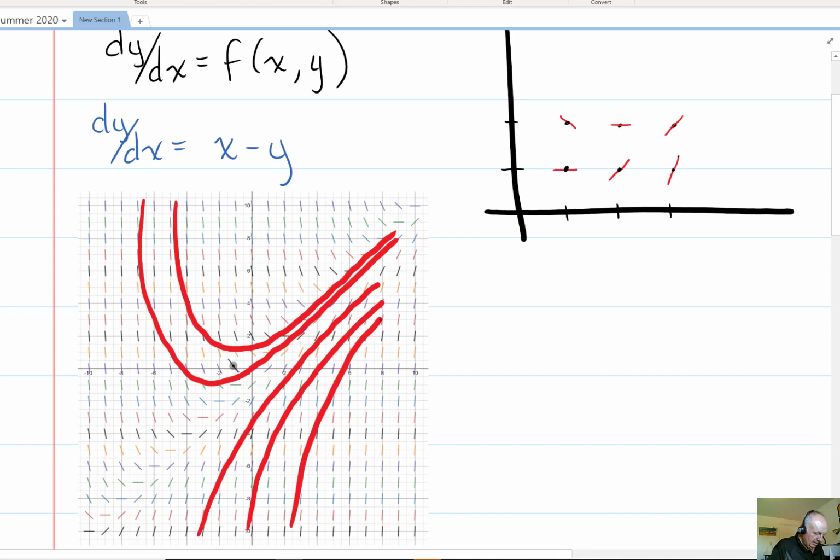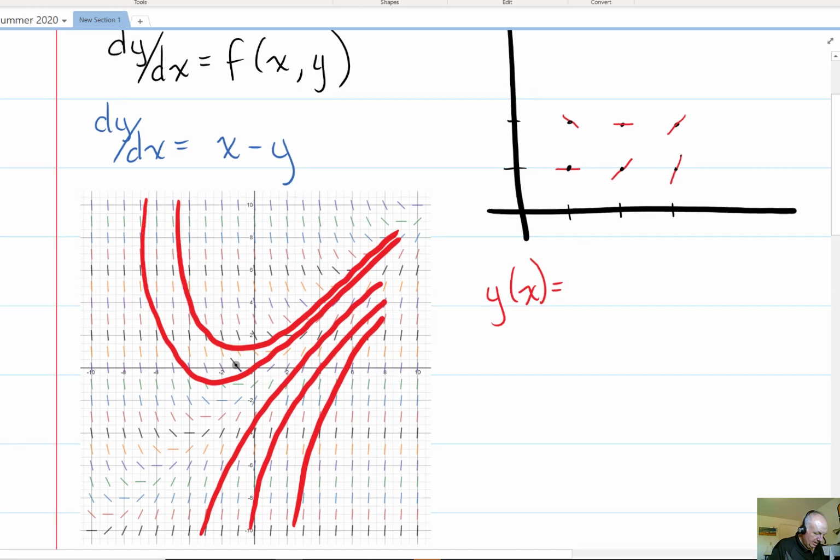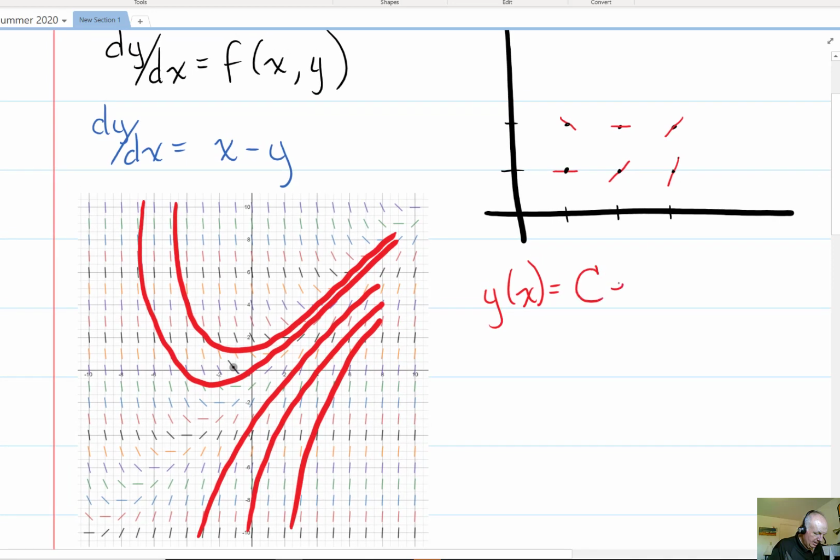Now, remember, this slope field represents all of the solutions. If we want a particular one, say one that goes through a certain point, there is going to be just one that does that. Just for your information, the solution to this particular differential equation is y equals c e to the negative x plus x minus 1.